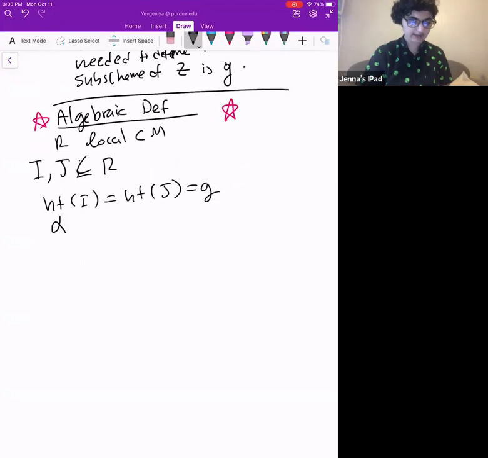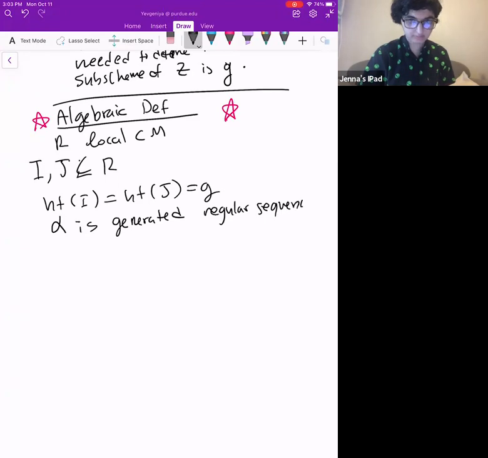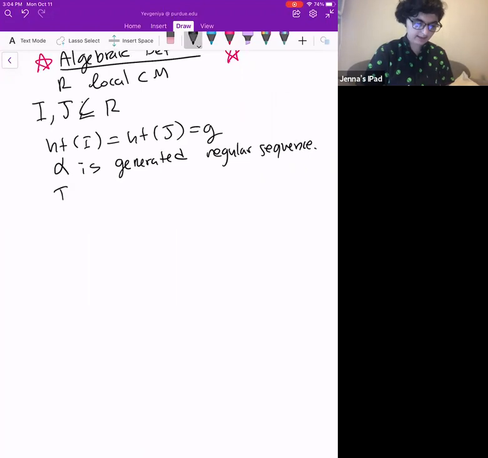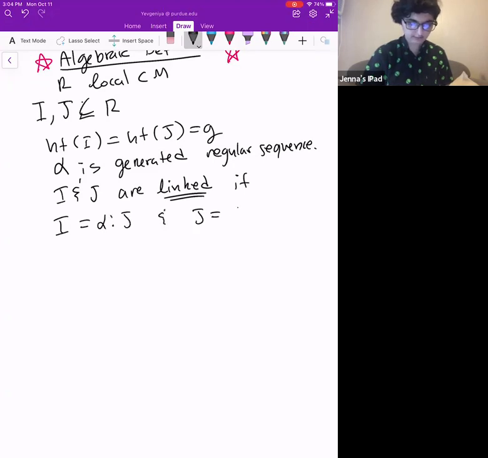And we're going to suppose that alpha is an ideal generated by a regular sequence. Then I and J are linked if I is equal to alpha colon J and J is equal to alpha colon I.